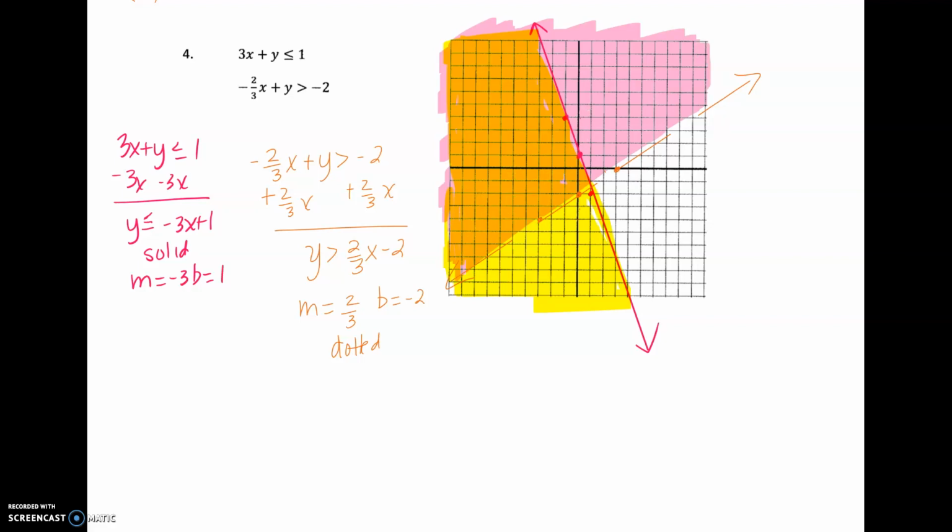So let's do solutions. Ooh, it looks like 0, 0 is a solution again. And so is 0, negative 1. Not solutions. 4, 0, and 5, 0.